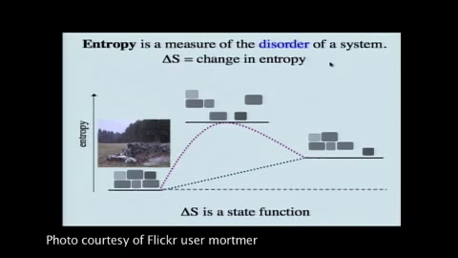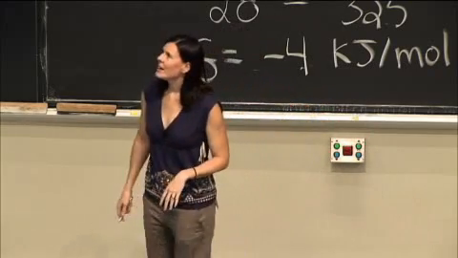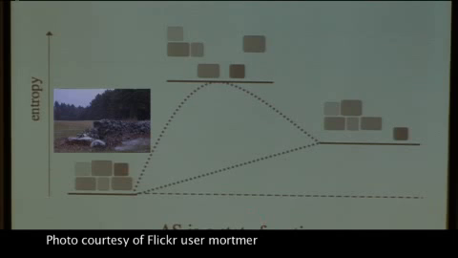You can think about a stone wall as being very, very ordered, right? If you just built your stone wall, every stone is in place. It has a high degree of order. So in other words, the disorder is very low. So it has a low entropy, a low level of disorder.